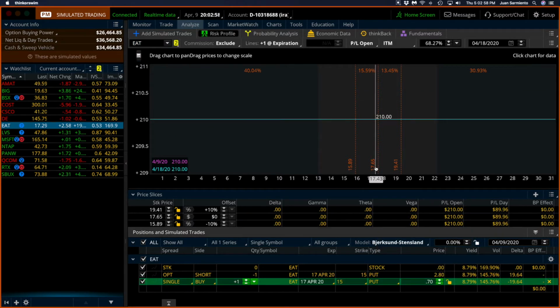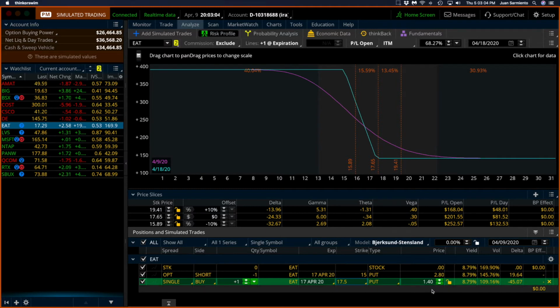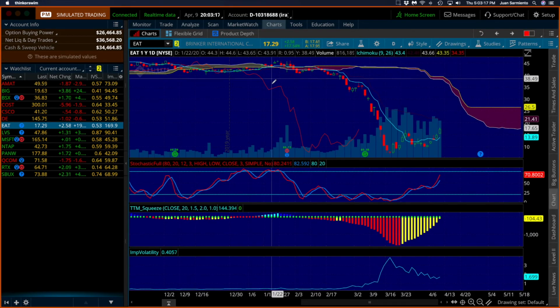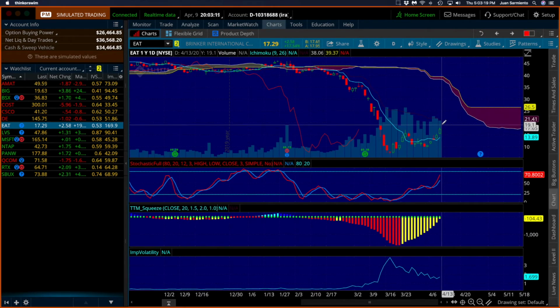The stock is trading at 1765. How about buying an 18 put or 17 and a half? Look at that. Okay, it's a bearish trade, and we locked in $150 profit here, $140 profit with a potential $400. So you switch it around if we become bearish, but I'm not there yet.